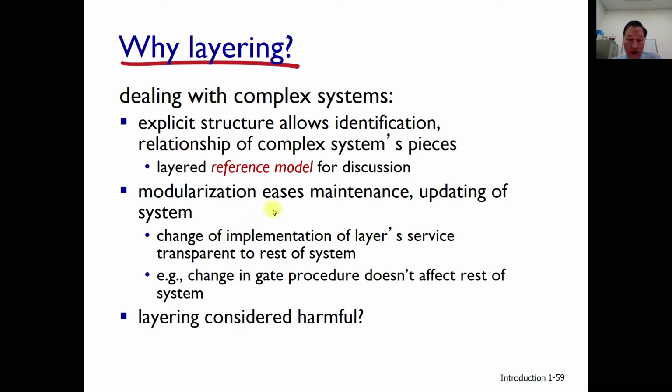Thus, modularization eases maintenance, even updating of the system. A change of implementation of a layer service is transparent to the rest of the system. That is the advantage of this layered architecture. For example, a change in gate procedure doesn't affect the rest of the system. Thus, layering is useful instead of harmful.